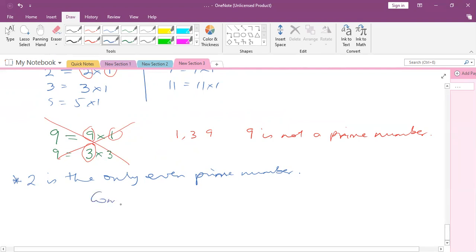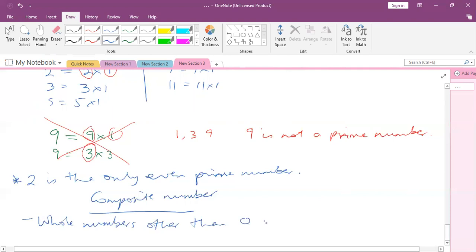So a composite number, we're talking about whole numbers other than 0 with more than 2 factors, right?